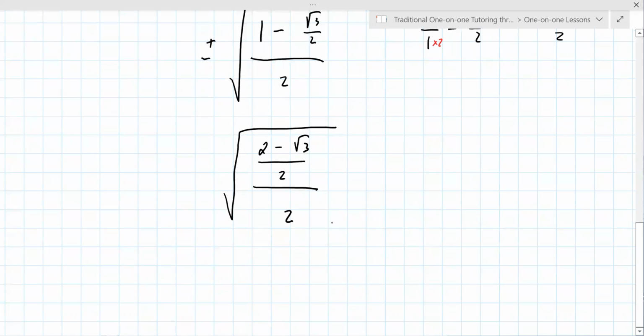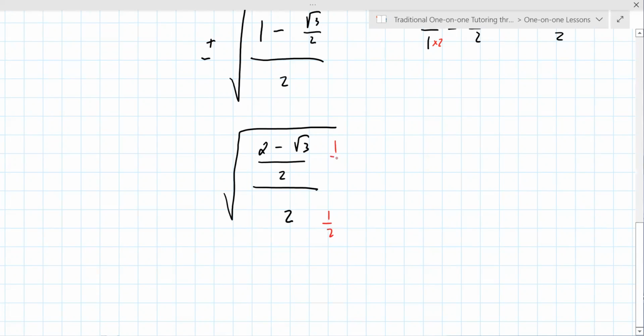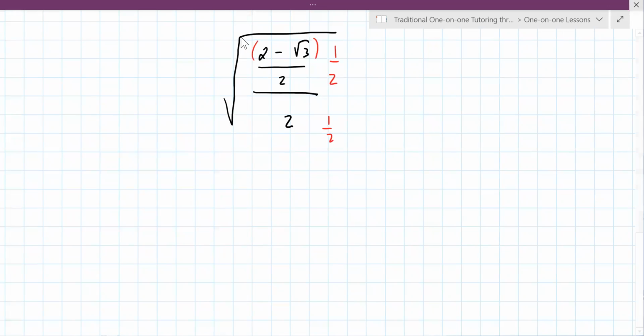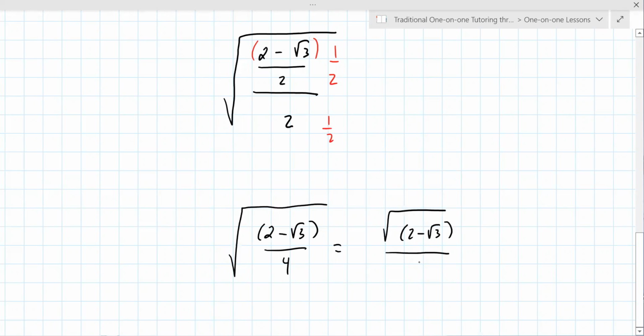From here, you can multiply the top and bottom by the reciprocal, the 1/2 here. So basically that 2 goes into the bottom there. So it becomes the square root of 2 minus square root of 3 over 4. And then you can apply the square root to the top and the bottom. So it becomes the square root of 2 minus square root of 3 over 2.